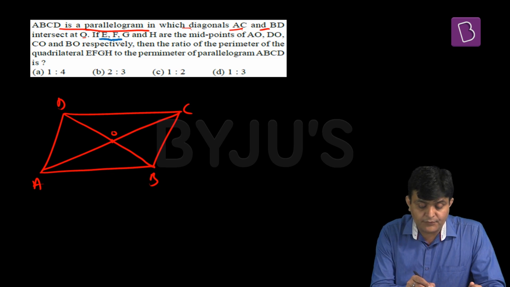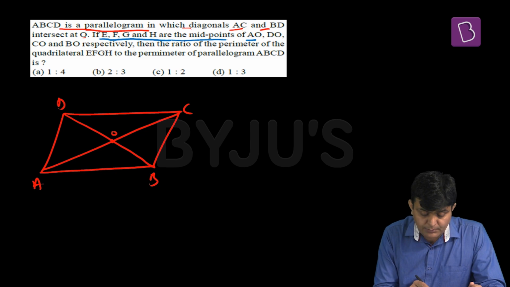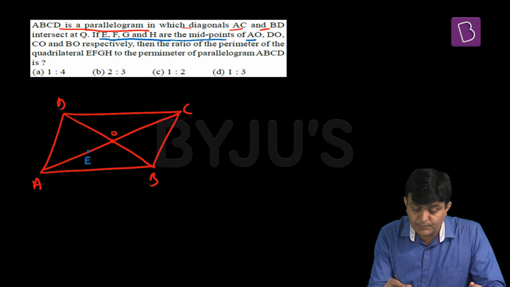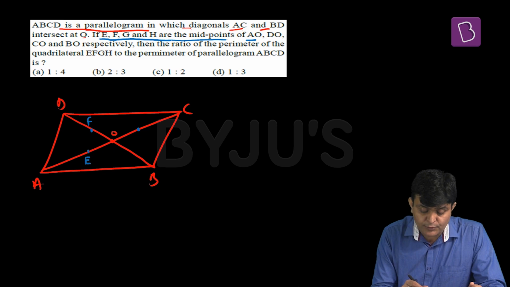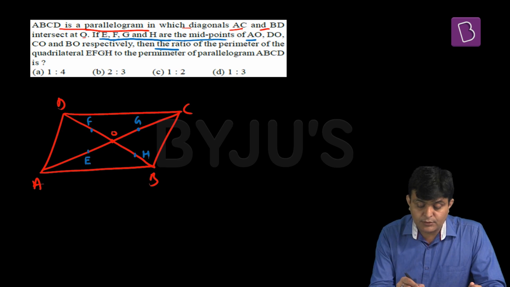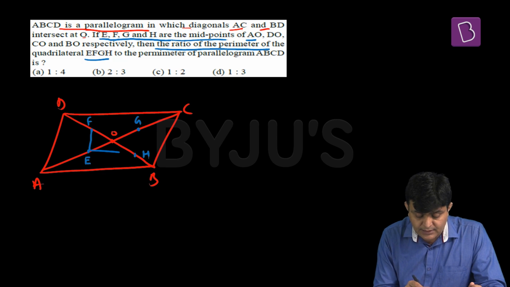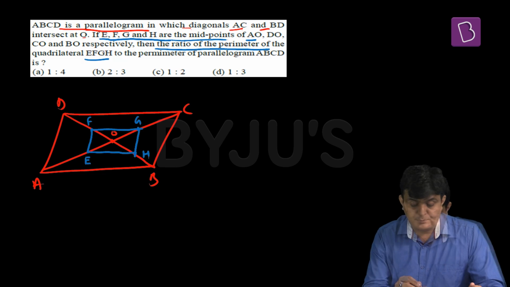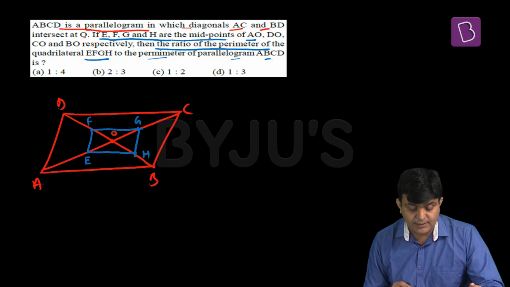If E, F, G, H are midpoints, E is the midpoint of AO, F is the midpoint of DO, G is the midpoint of CO, and H is the midpoint of BO. The ratio of perimeter of quadrilateral EFGH to the perimeter of parallelogram ABCD, right?